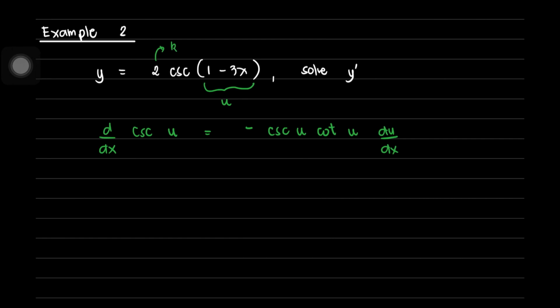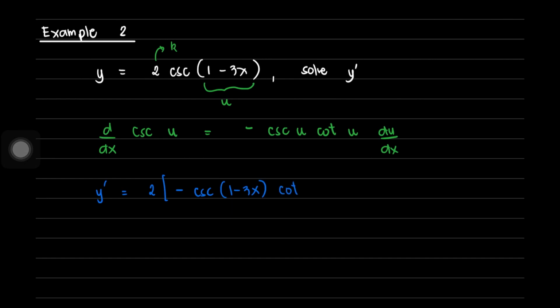So solving for y prime, this is now equal to 2 multiplied by the derivative of cosecant of 1 minus 3x, that would now be negative cosecant of 1 minus 3x multiplied by cotangent of 1 minus 3x multiplied by the derivative with respect to x of 1 minus 3x.